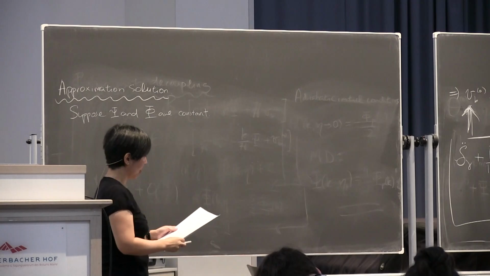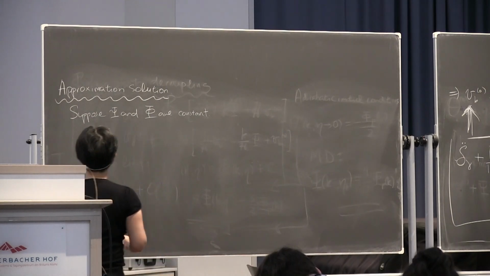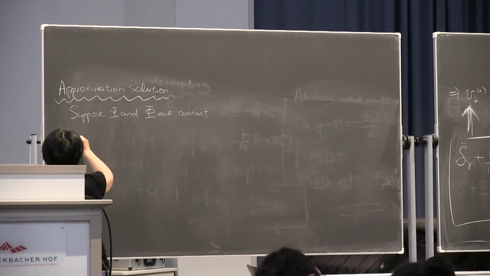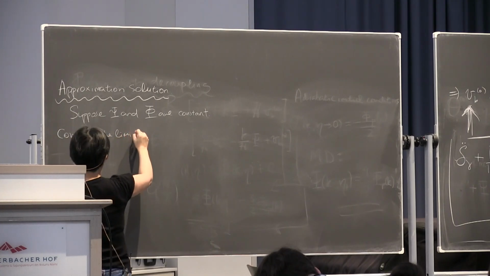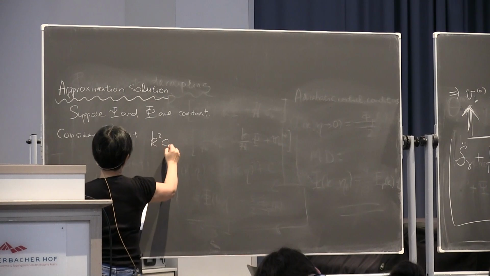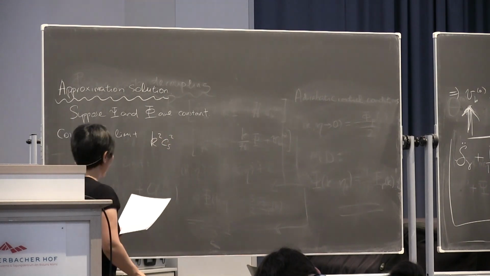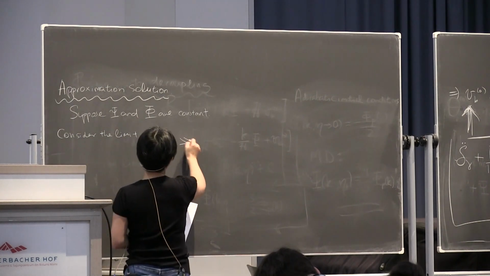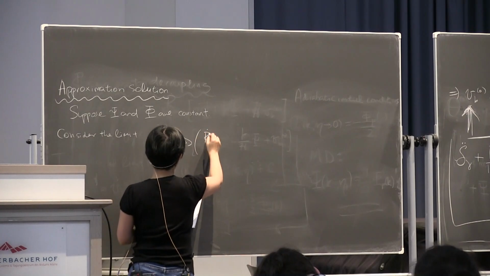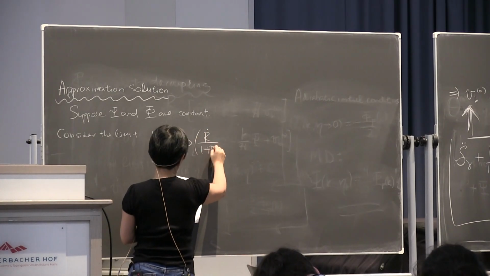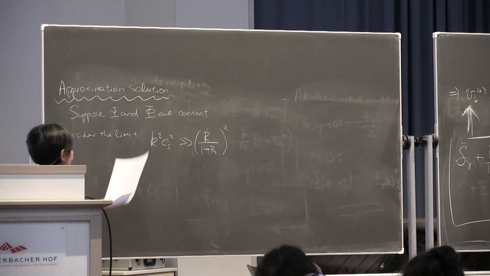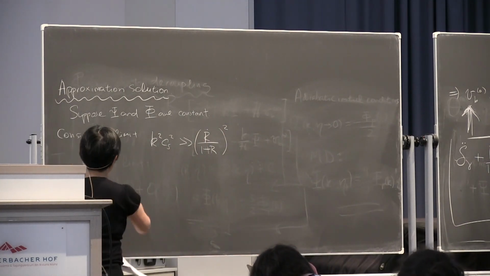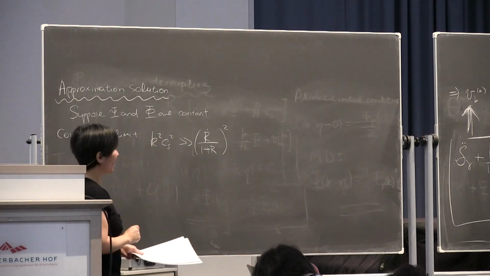Furthermore, I'm going to go into the limit where the oscillations term, k squared c squared, is much larger than the damping term. You can rewrite this in terms of the sound speed that I gave over there.